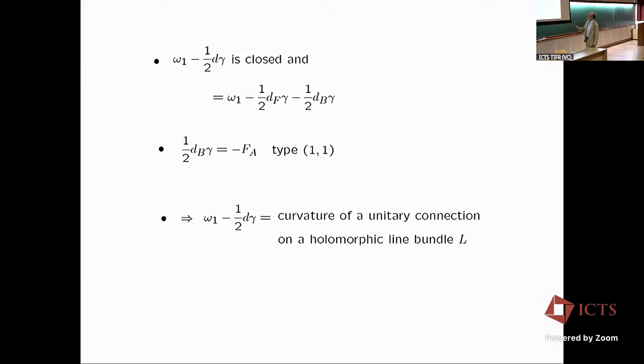And this is a 1,1 form, and it's closed, because omega 1 is closed, it's the standard symplectic form on the fiber. And if you restrict it to each fiber, it becomes omega 1. So it's basically the curvature of a unitary connection on a holomorphic line bundle.